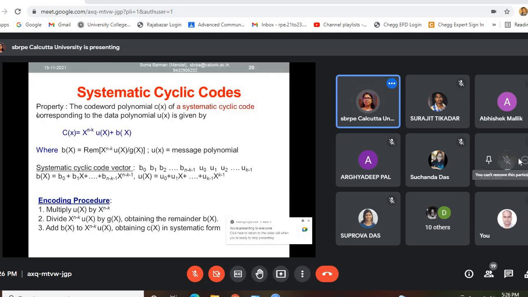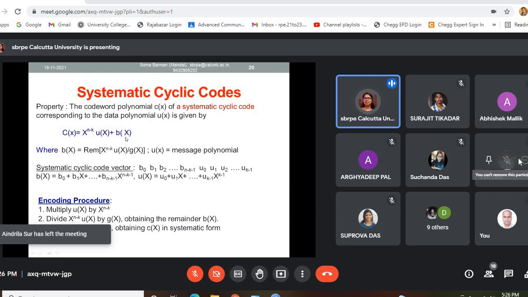So your C(x) is x to the power n minus k into U(x) plus b(x). This part is your message, just shifted, and b(x) gives you the parity bits. In the systematic way, the parity bits are added with the message.